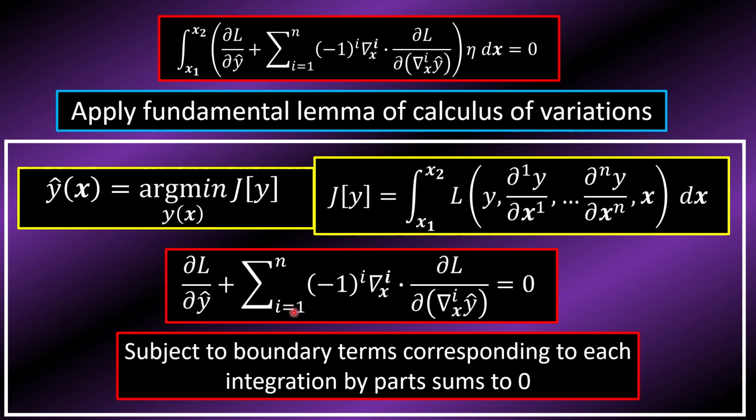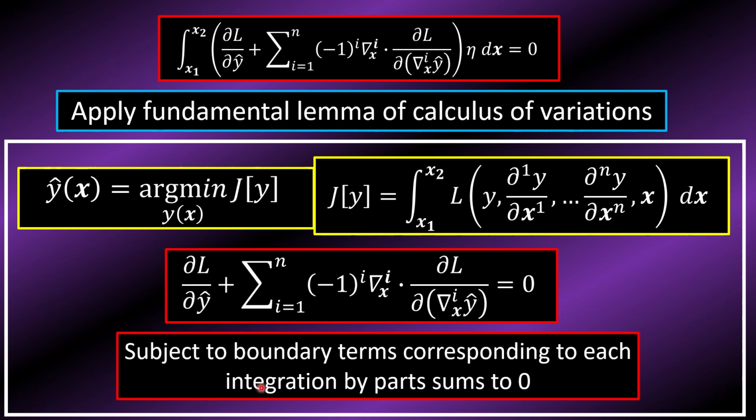So that means that we get this as the Euler-Lagrange equation, the solution to y hat of x is equal to the argument of y of x of j of y. We're finding the y that optimizes the j of y, expressed as this functional.